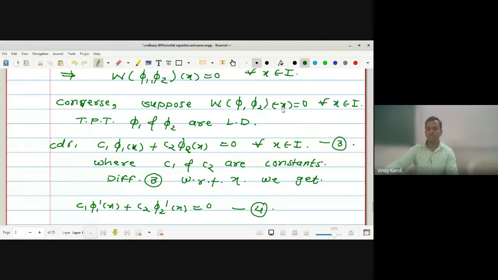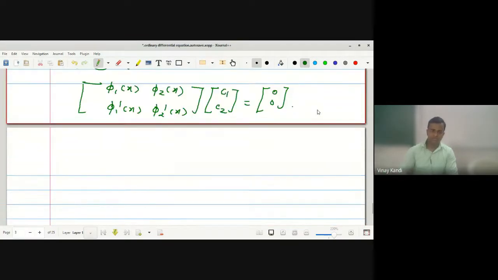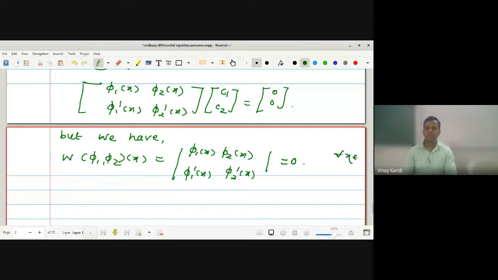Okay, the Wronskian of phi1 and phi2 at point x is equal to the determinant of phi1 of x, phi2 of x, phi1 dash of x, phi2 dash of x, which is equal to 0 for all x belonging to I.